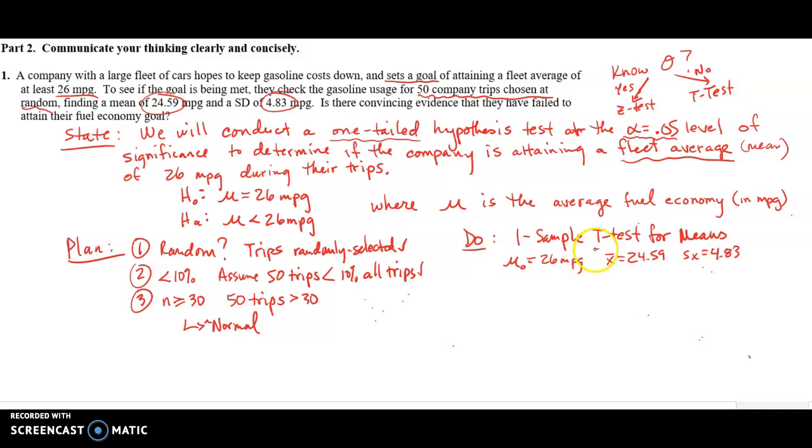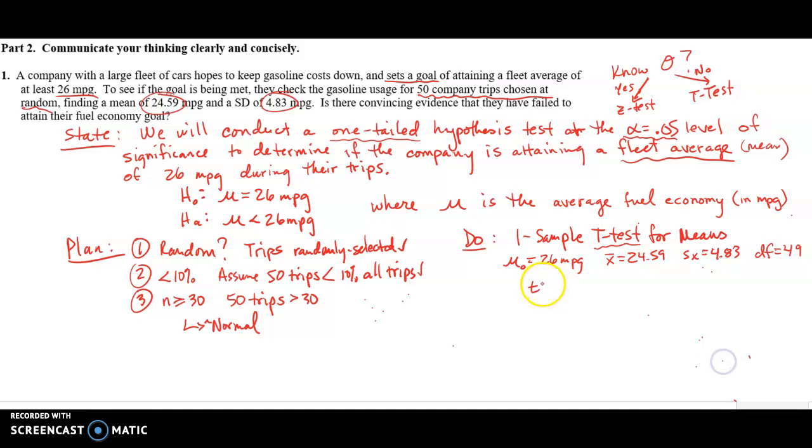The other thing that we need for a t-distribution is the degrees of freedom, and that is always one less than your sample size. Our sample size is 50, so we've got 49 degrees of freedom. A couple other pieces of info. We want to make sure that we calculate the t-statistic.